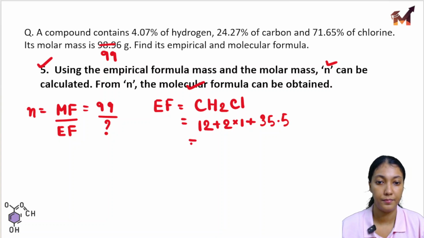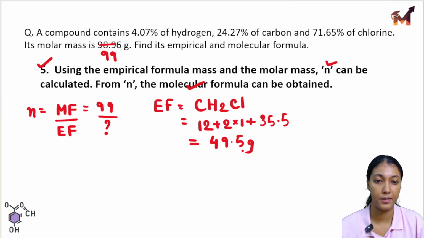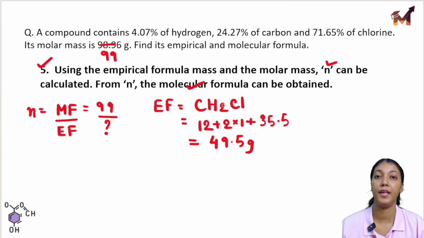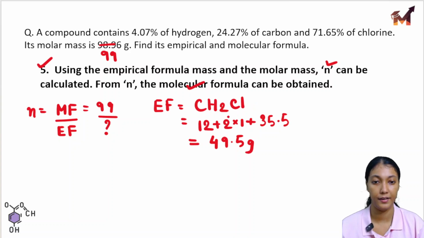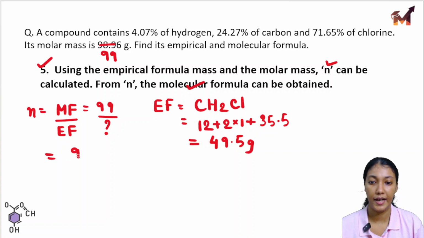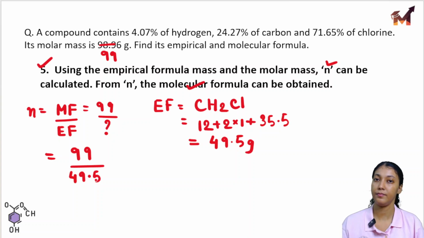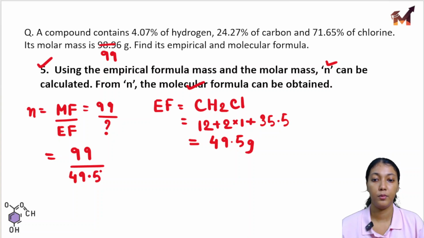So if you just add this up, 14 plus 35.5, it will be 49.5 grams. So we have now calculated the empirical formula mass from the empirical formula which we calculated and found out in our previous slide. So now simply we will put it in this formula, which is 99 divided by 49.5. Okay. So I hope this is okay.